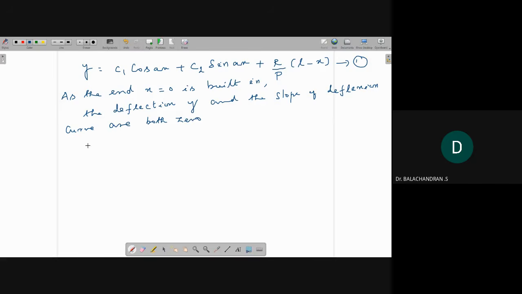Therefore, y equal to 0 when x is equal to 0, which is subdivision 1. Similarly, subdivision 2: dy by dx is equal to 0 when x is equal to 0.